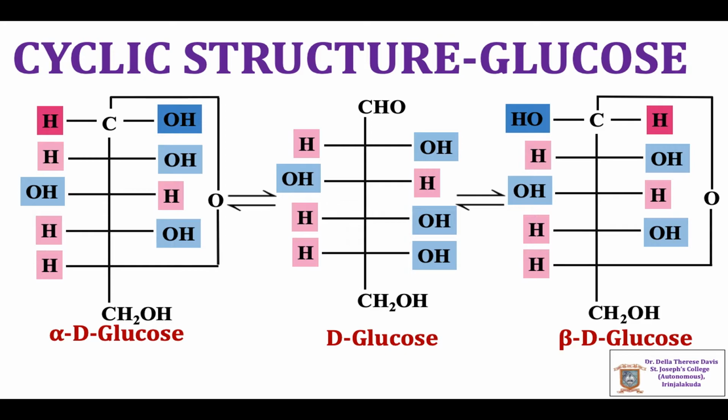The small concentration of the open chain form in the solution is responsible for the reactions of glucose that are typical of aldehydes. The alpha form and beta form do not give the reactions of aldehydes. Only the open chain form, due to the presence of the CHO group, answers the test for aldehyde groups.